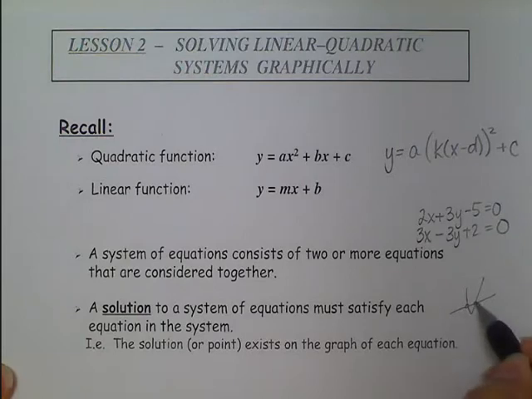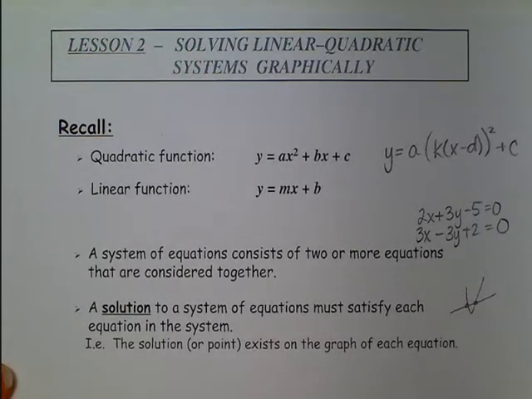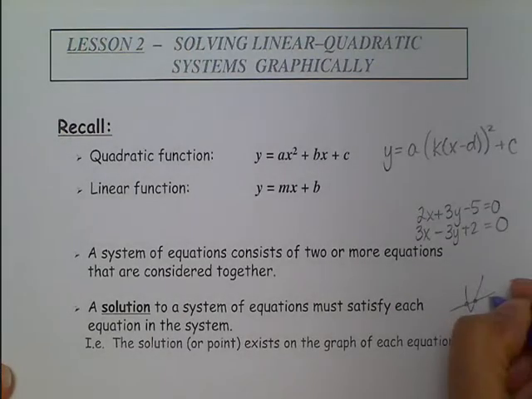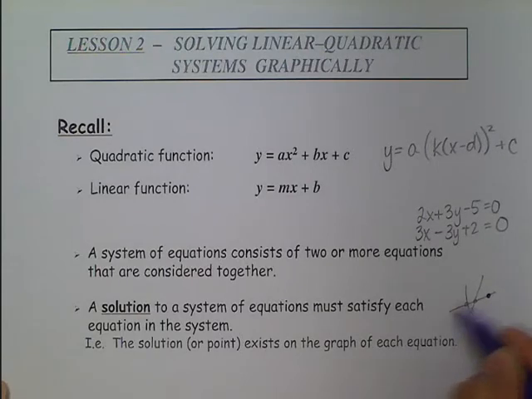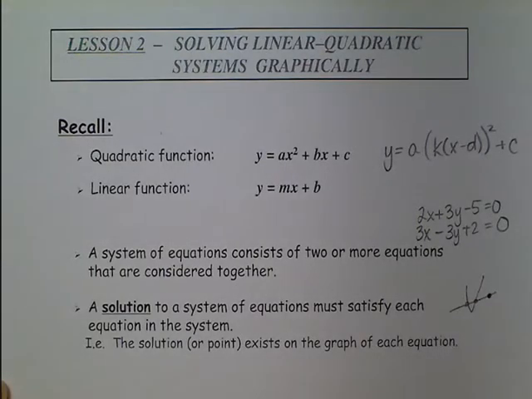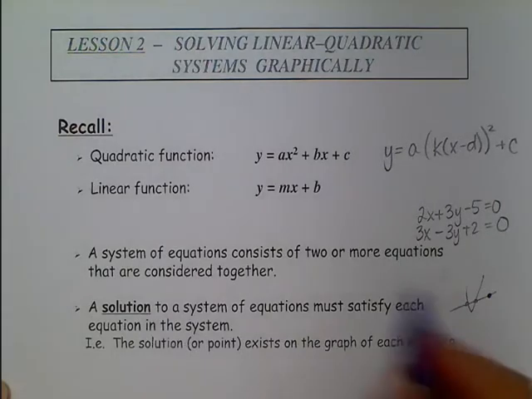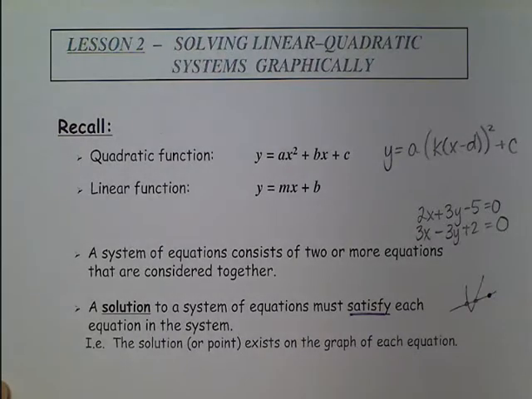If I draw another point on the line, you'll notice that this point does not satisfy the system because it only satisfies the line. It doesn't exist on the graph of the parabola. So that's what it means by a solution to a system satisfying the equations in the system.